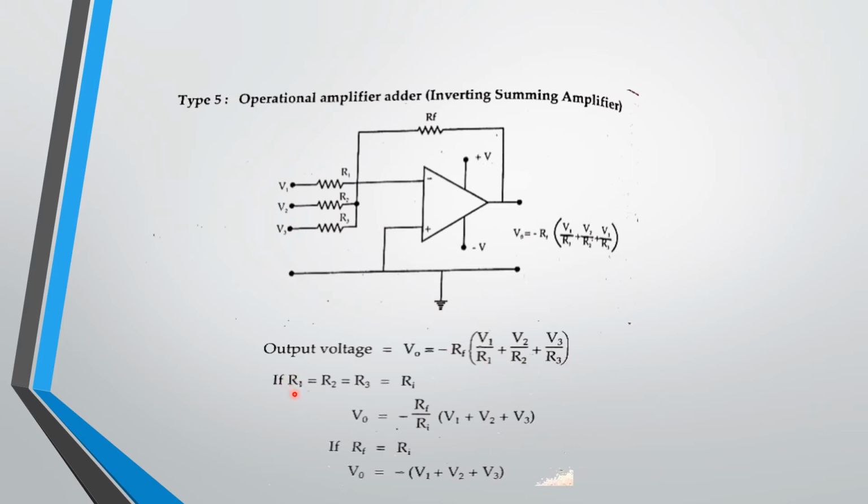If we use R1 equal to R2 equal to R3, then that comes as minus Rf upon Ri times (V1 plus V2 plus V3), and the minus sign is the indication that it is an inverting amplifier. If Rf and Ri, that means all four resistors are of the same value, then the final expression will be Vo equal to minus (V1 plus V2 plus V3). That is the final expression.